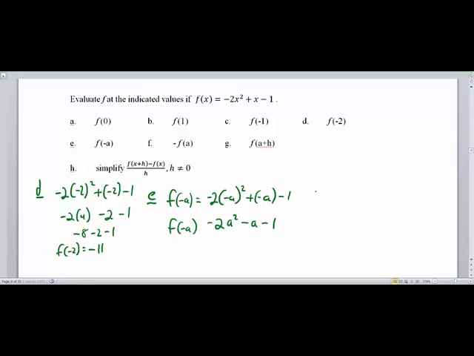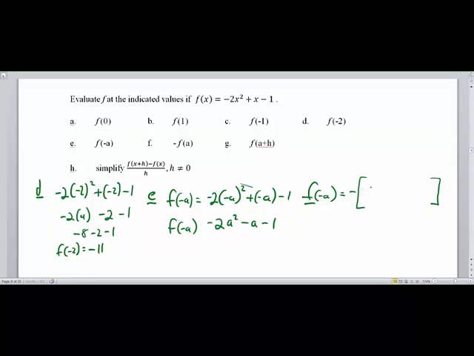And I do this problem right next to the next one, which is -f of a, because you'll notice that I'm plugging the a in for every instance of x, but I'm taking the entire function and making it negative. So my -f of a is equal to the negative of the entire function where I've substituted a in for x.